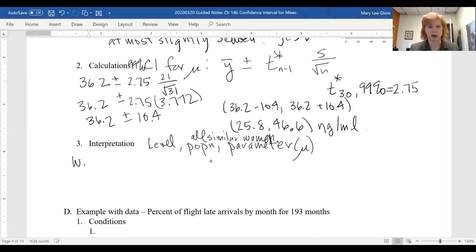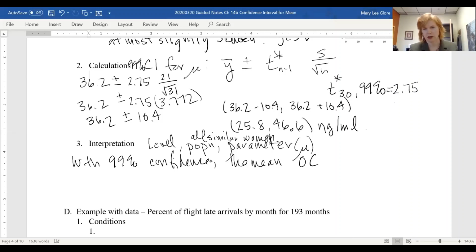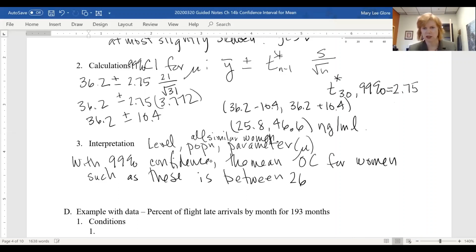So with 99% confidence, the mean, that's mu, the mean osteocalcin for, let's say, women such as these is between, and again, I'm going to round to the whole numbers, between 26 and 47 nanograms per milliliter.